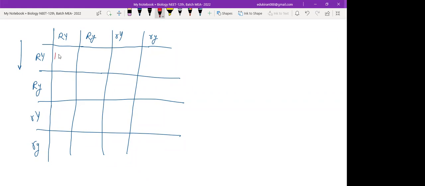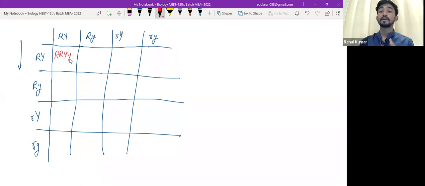Capital R, capital R, capital Y, capital Y. Yes. So when we are making a zygote from gametes, when they are fusing and making an organism, we write both the alleles for the same gene together.